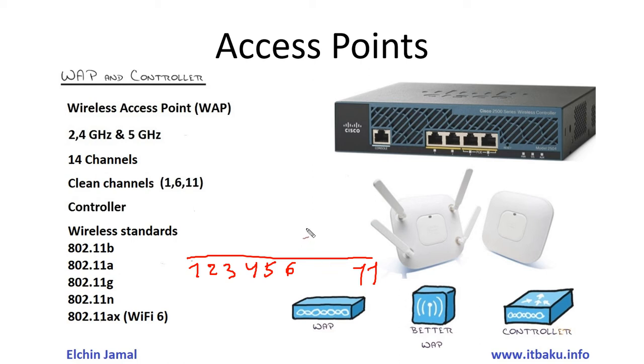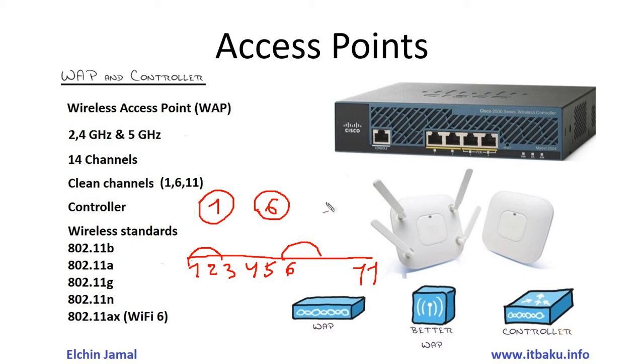For instance, my first access point uses first channel. My second access point, which is very close to my first access point, uses sixth channel.